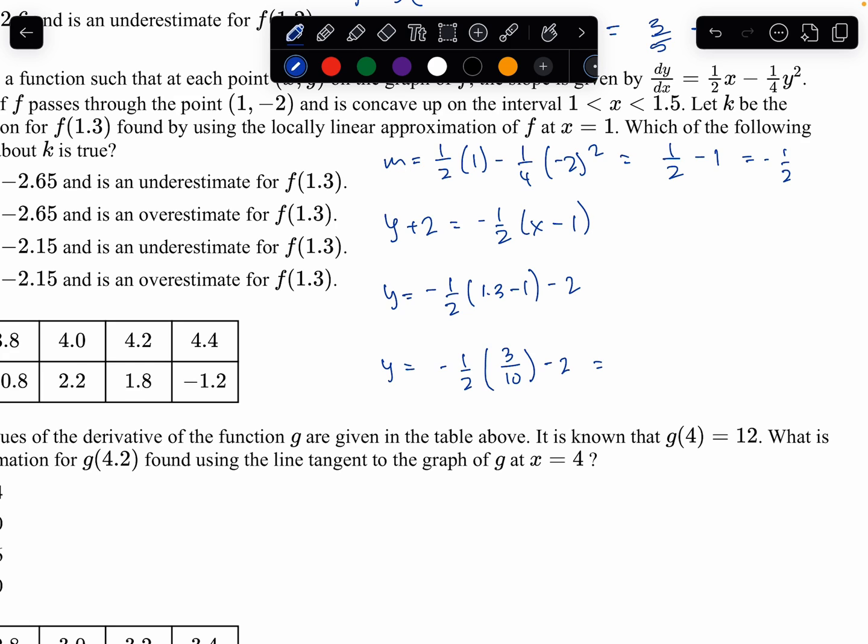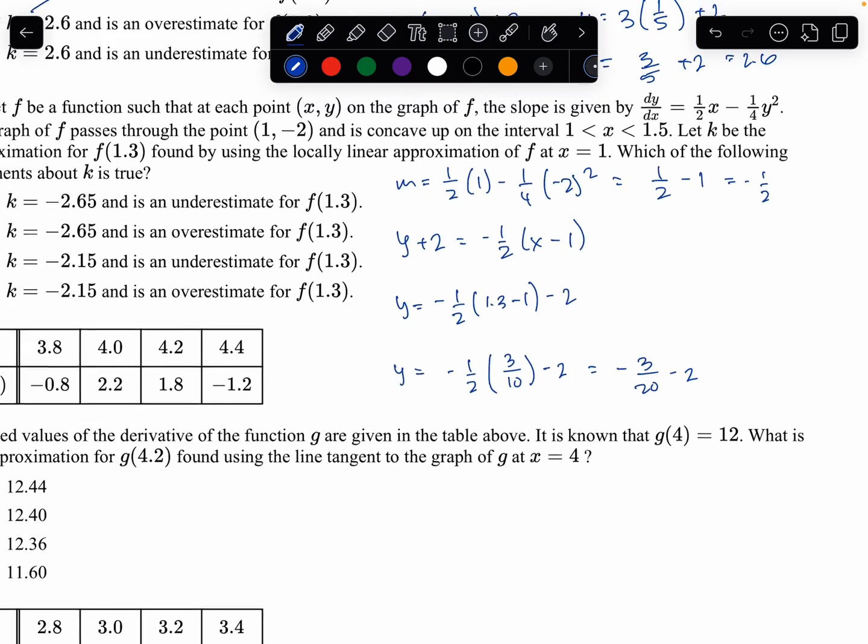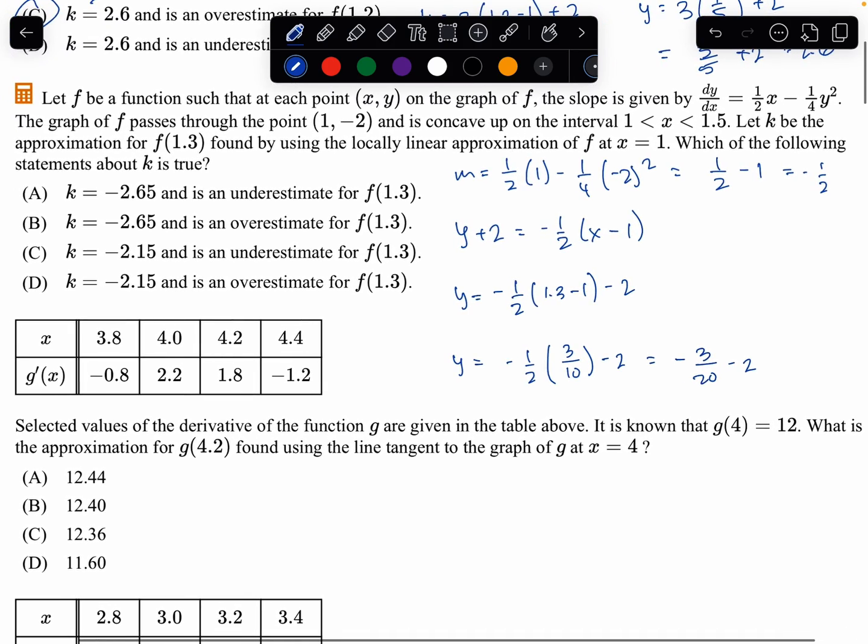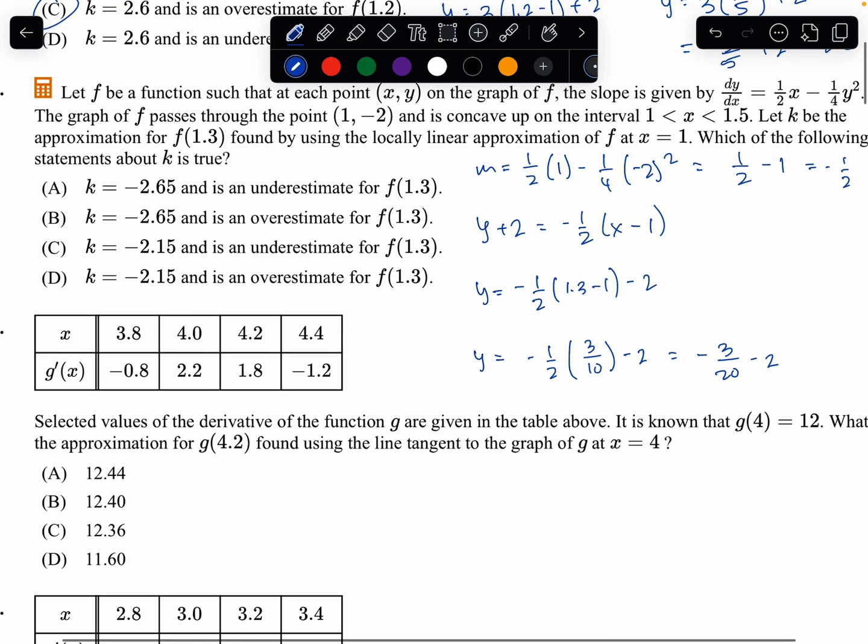So that's going to be equal to -3/20 minus 2. So -2 and 3, I think that comes out to be -2.15 rather than -2.65.